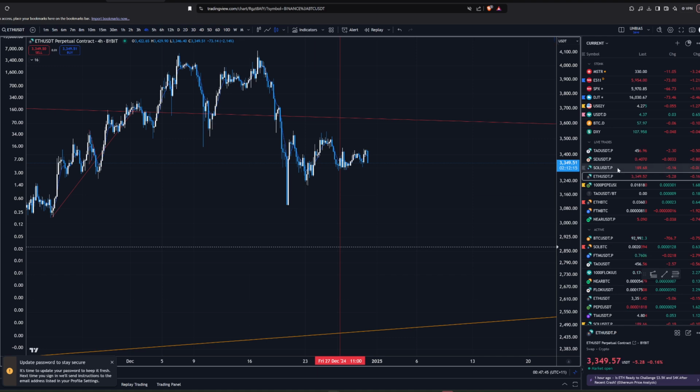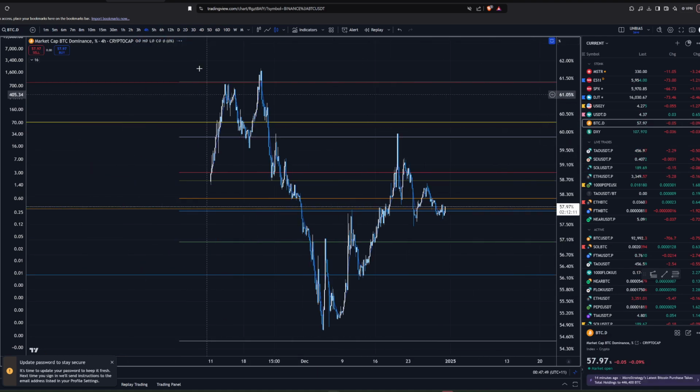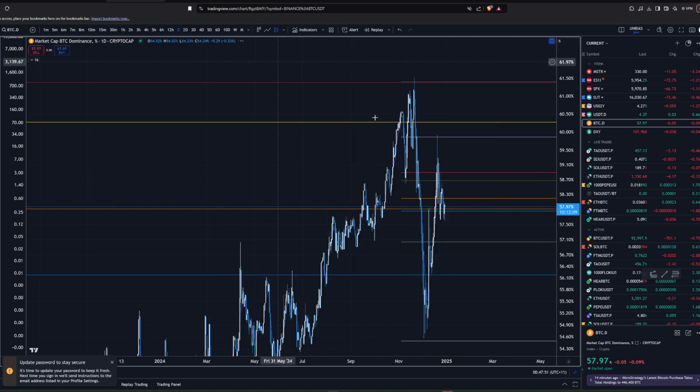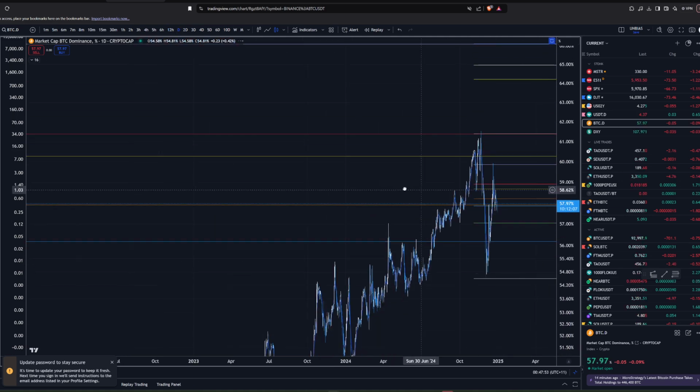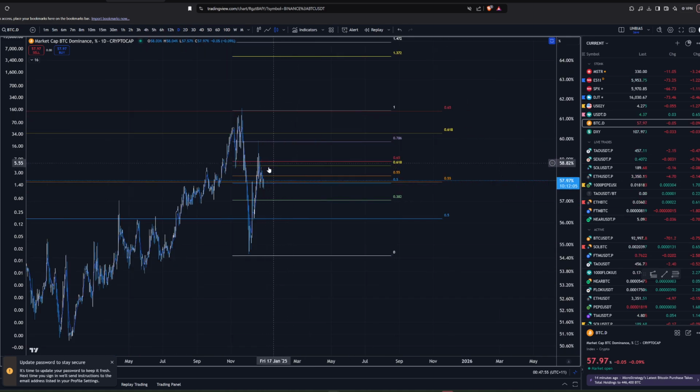So alts are technically holding up stronger than Bitcoin. And when we go to the Bitcoin dominance chart, we are maintaining our dominance below the 0.618 of this range. So the rebound zone / reverse GP of the range.